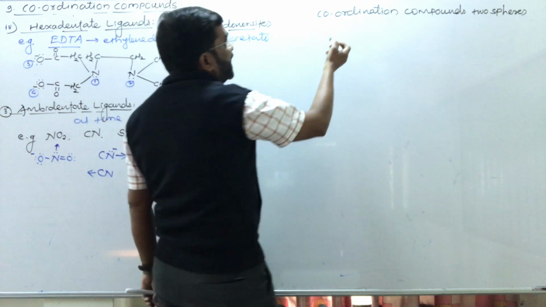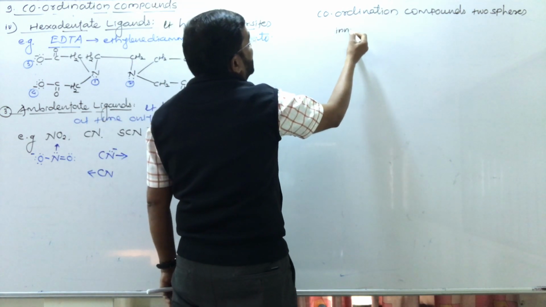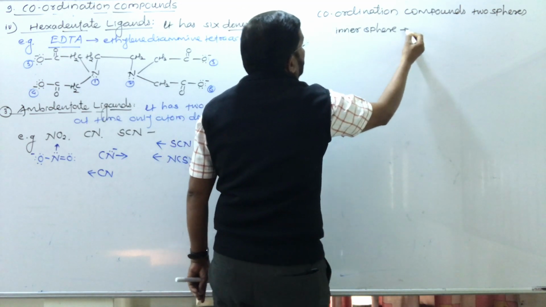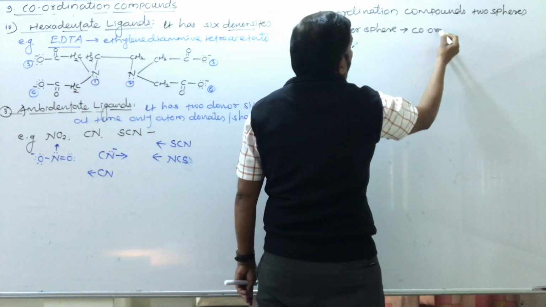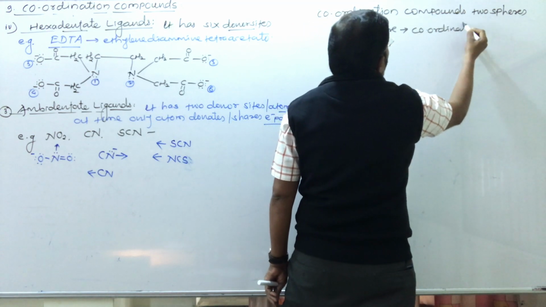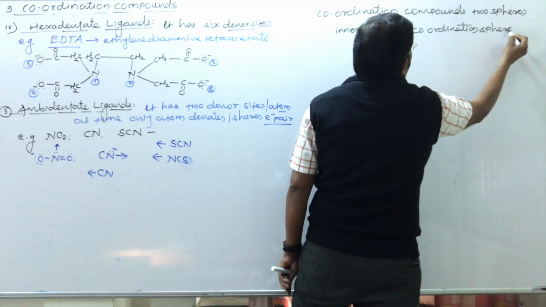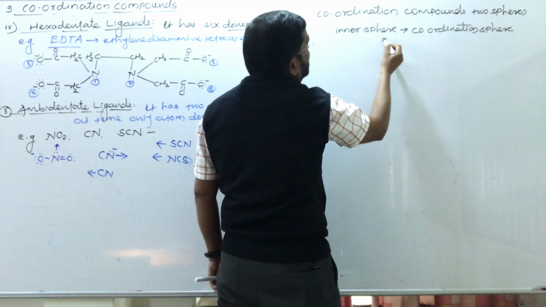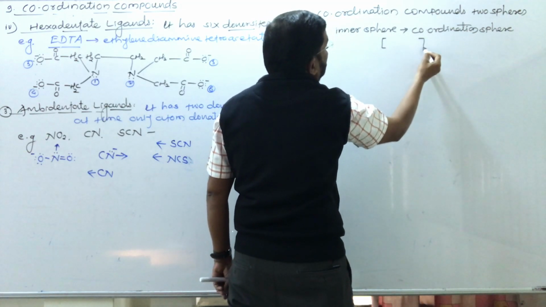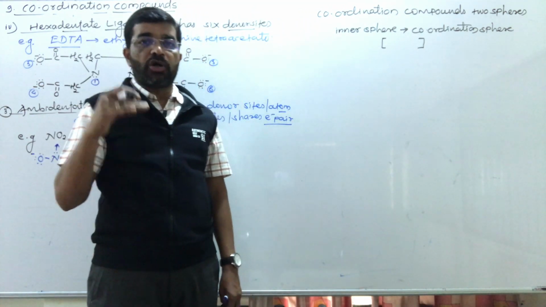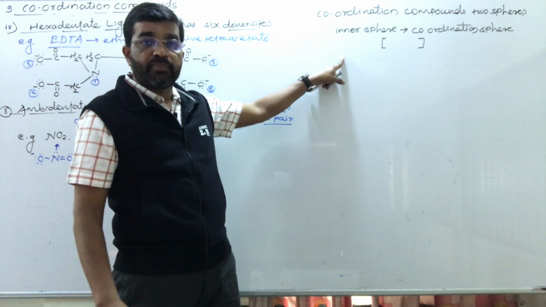Which are those two? The inner sphere is called the coordination sphere, and this coordination sphere is written in square brackets. Don't forget, the inner sphere is called the coordination sphere.